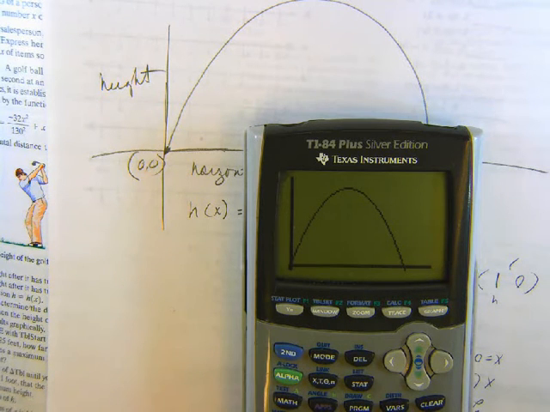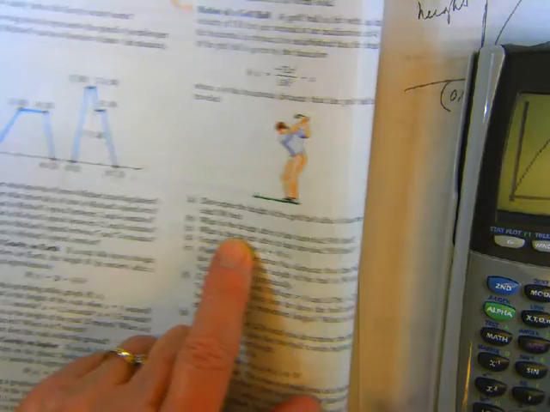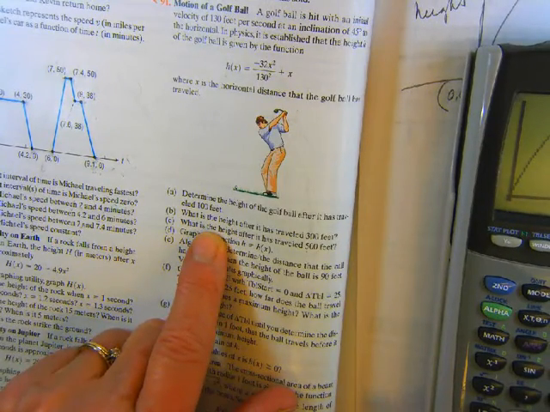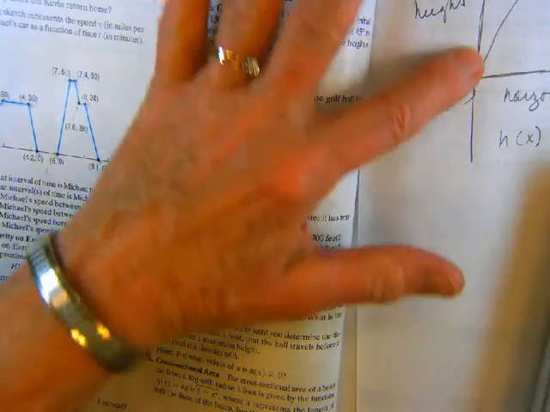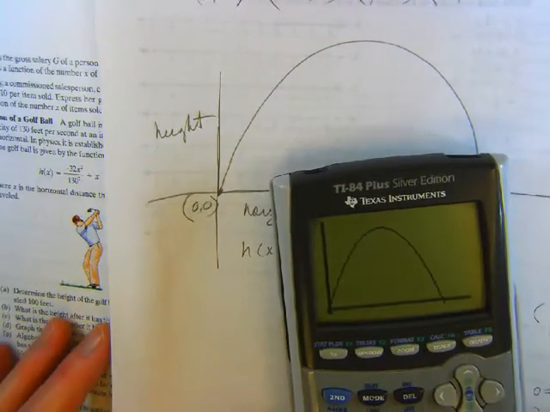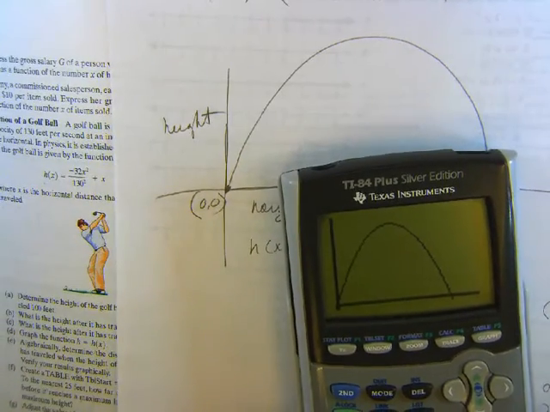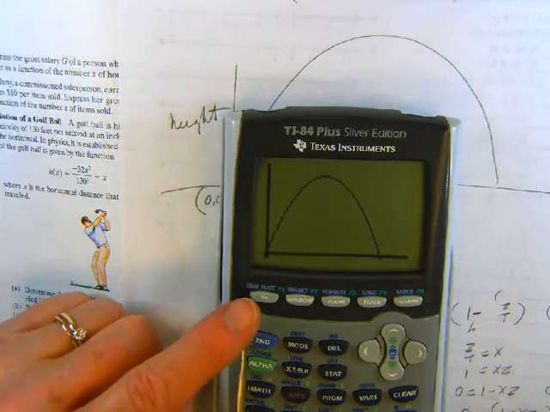Now, it asks you on number B, what is the height after it's traveled 300 feet? The height is my y, isn't it? Let me show you a little trick. I have put this function in y1, haven't I? So let's get out of there.